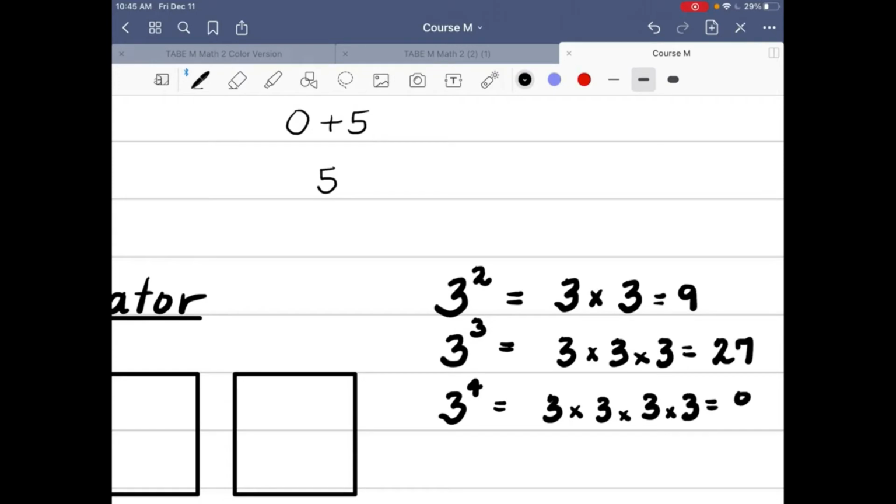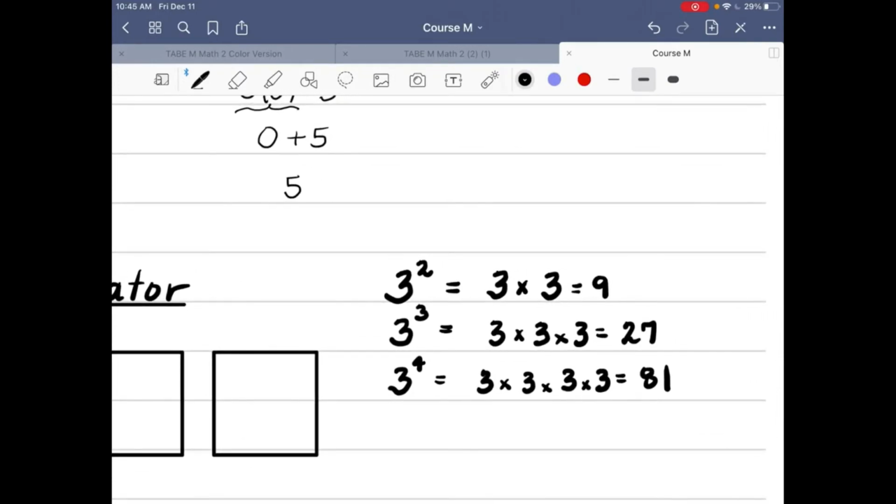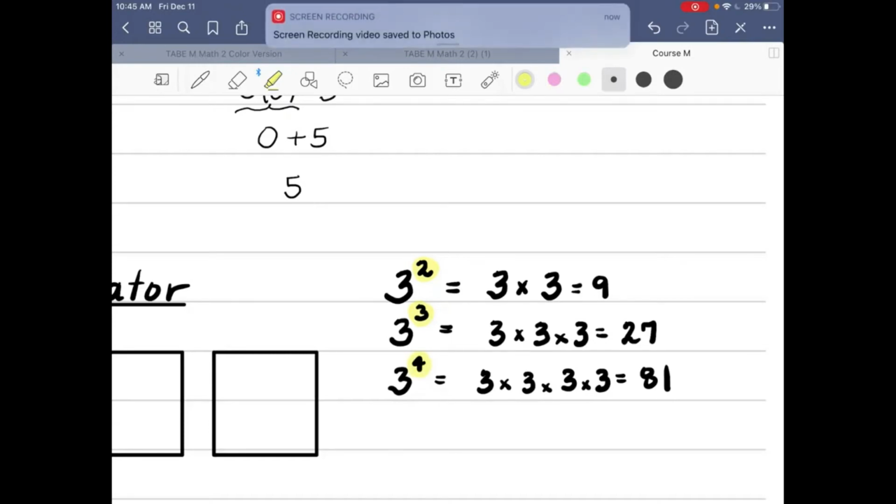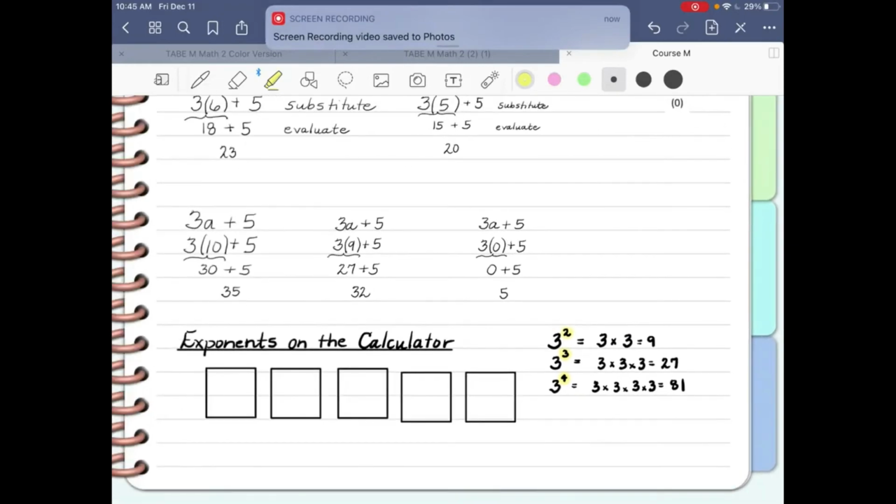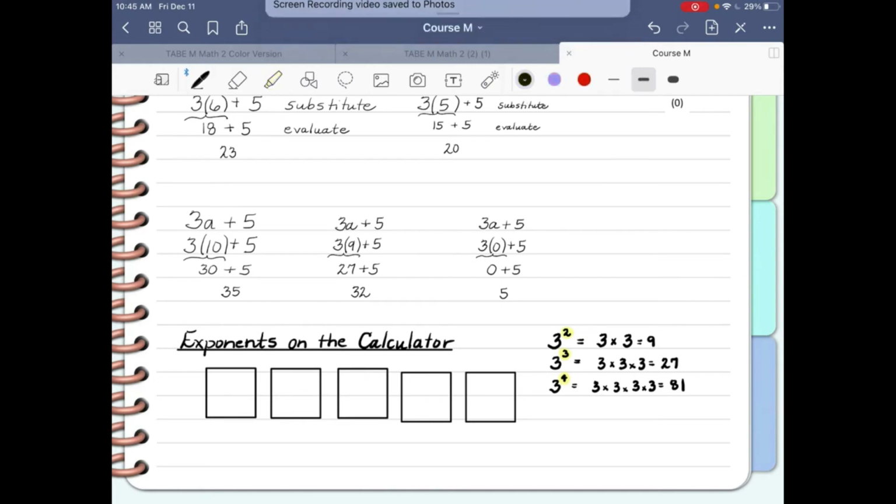And that would be 81. So these are called exponents. They're these little numbers that are superscripted to tell you how many times you're going to multiply your base. The calculator will do this for you, which is very nice. You don't have to sit and figure these out on a test like the HiSET.